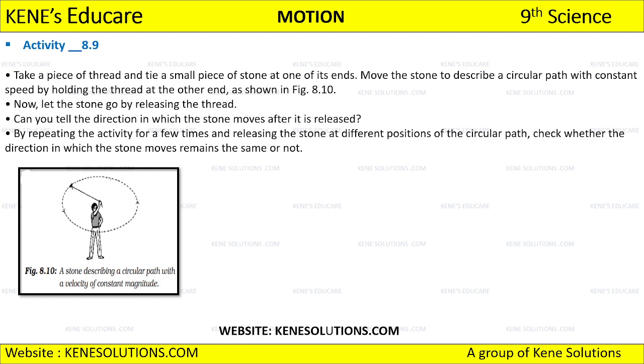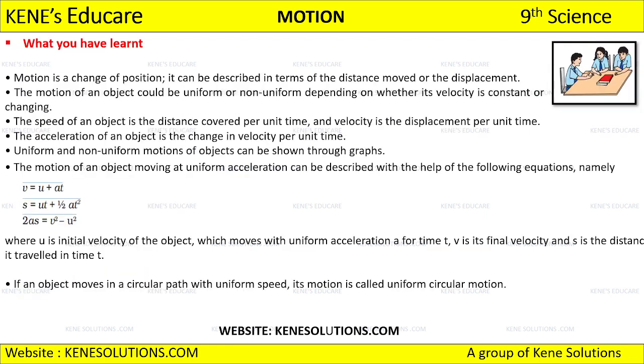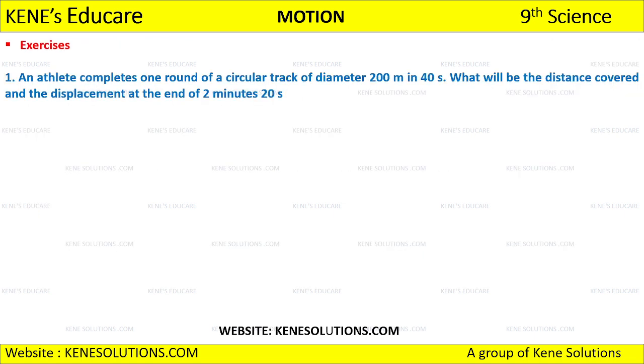We'll discuss this activity and then the summary discussion for the lesson in the next part. After this, we have a few exercise questions to discuss, so we'll be doing that in the next class. Make sure you go through it and practice the questions as well.